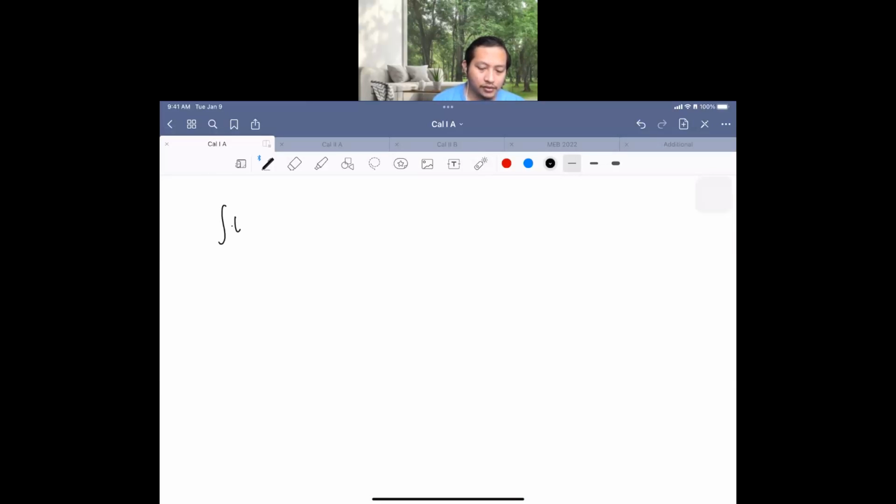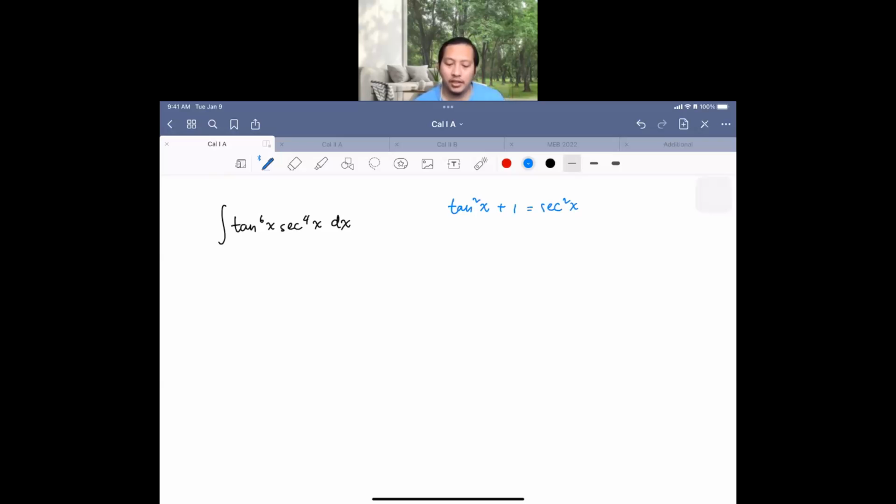Okay. So tangent 6x, and then secant 4x dx. Okay, now what we are going to do here. The key here is to see some connections: tangent squared x plus 1 is secant squared x. This is the connection.